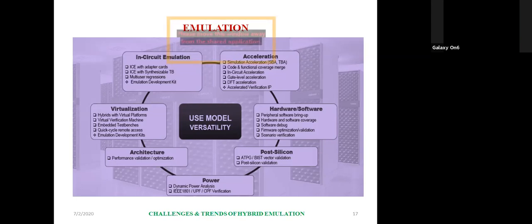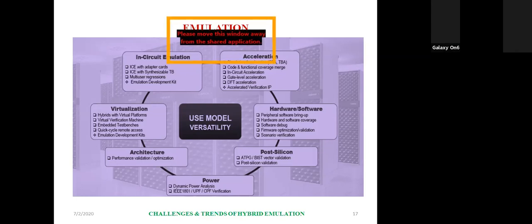And we have your accelerated verification IP. Here comes virtualization. We have the hybrids with virtual platforms and test benches and emulation development kits and virtual verification machine. Here we have architecture. We have the hardware and software board bring up activities.